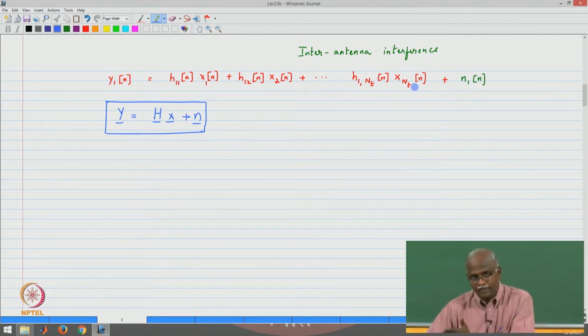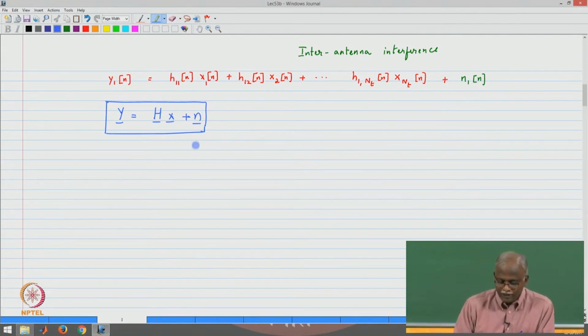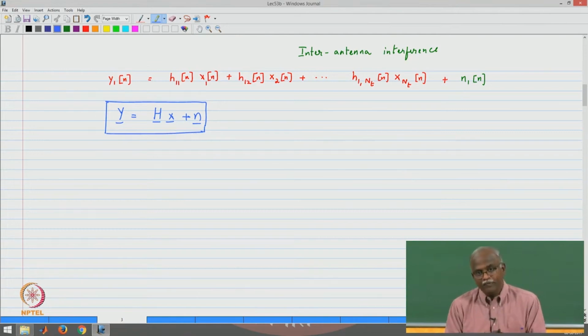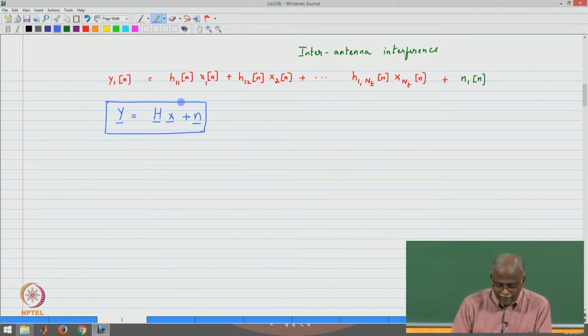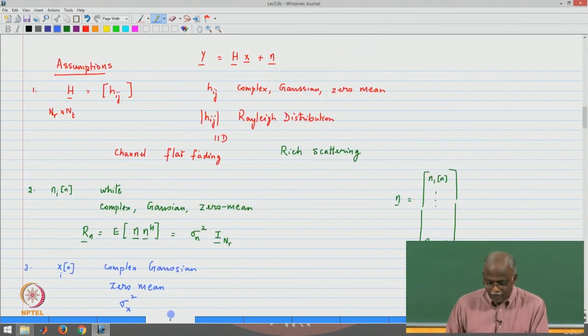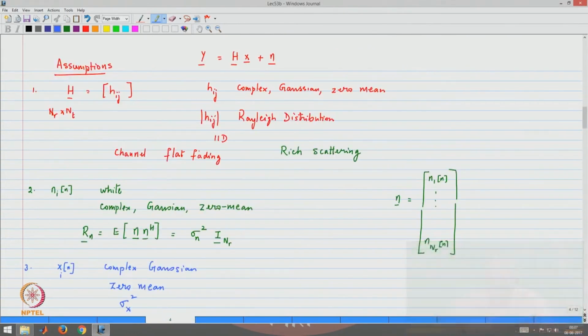And at the receiver, we will also have the additive noise. So the overall expression, as we saw in the last lecture, was given by y is equal to Hx plus n, and we have made certain statements about the elements of H, about the assumptions about the noise being white Gaussian noise, and also about the input x. So the three assumptions you can review from yesterday's lecture.